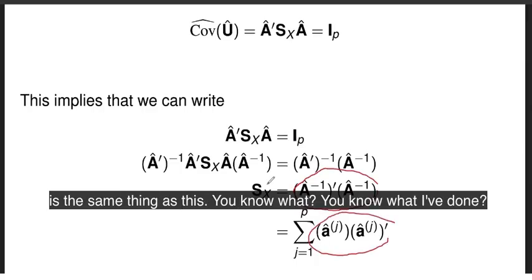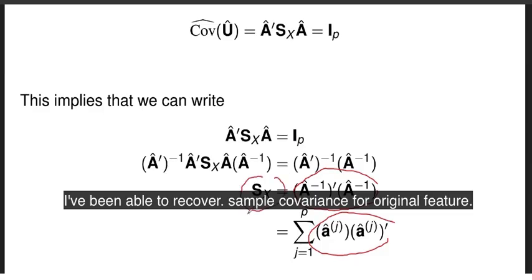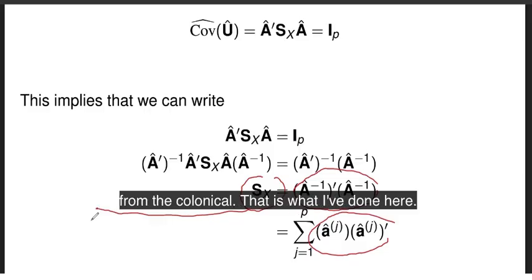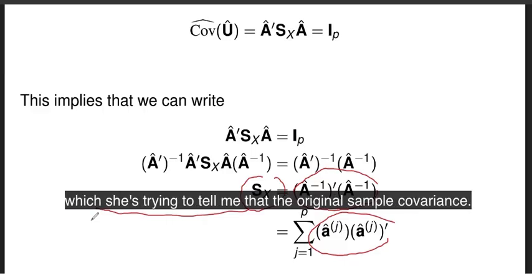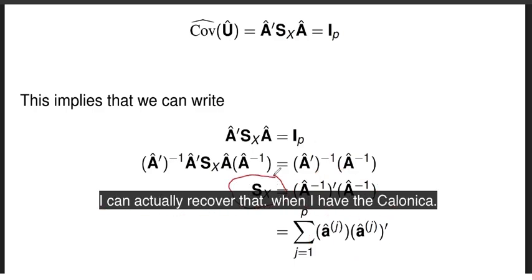You know what I've done? I've been able to recover the sample covariance for the original feature from the canonical. That is what I've done here, which is trying to tell me that the original sample covariance, I can actually recover when I have the canonical.